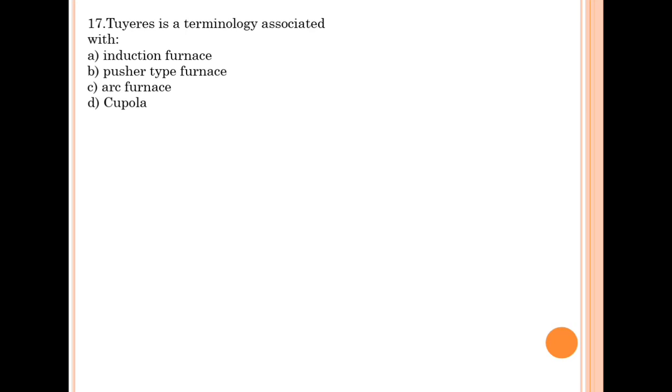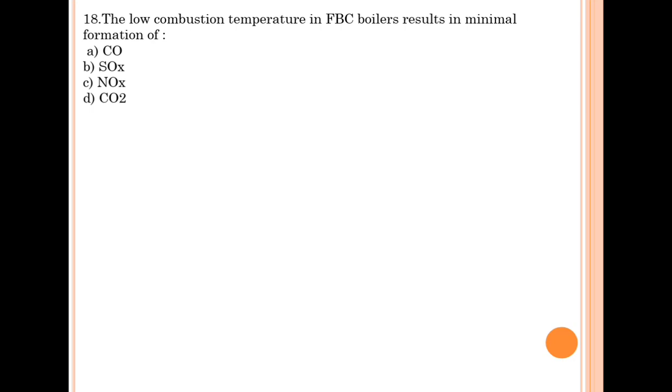So basically cupola is the right answer here, option number D. Then the low combustion temperature in FBC boiler results in minimal formation of. Answer should be NOx. As we know, if the combustion takes place at high temperature, the formation of NOx will be more. And here, low combustion temperature results in low NOx. So answer should be C.